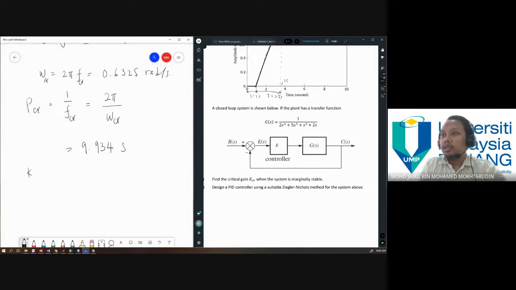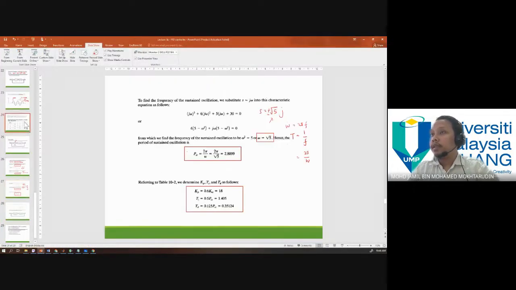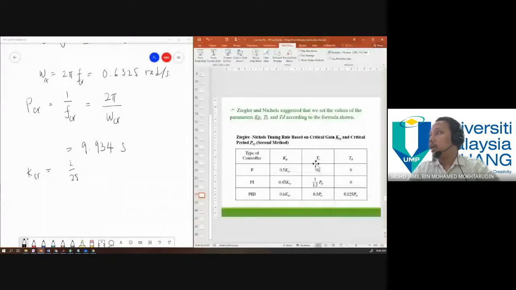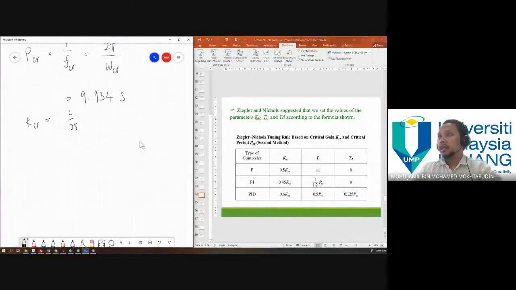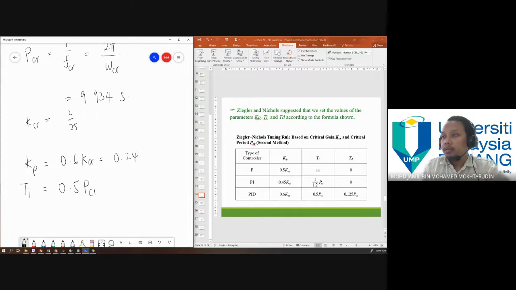So our KCR just now is 2 over 25. So we can use the table to find the PID controller gains. So KP equals 0.6 KCR. So you get 0.24. And then TI, 0.5 PCR.